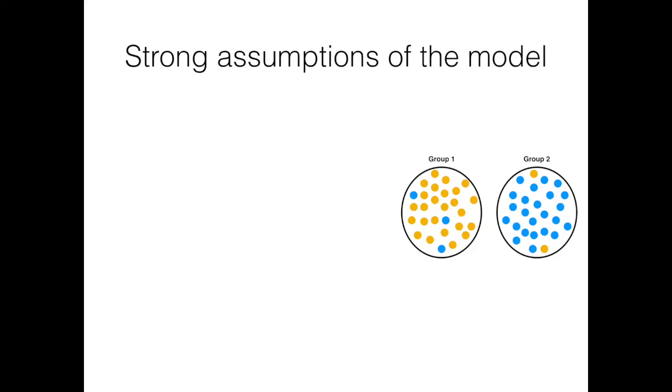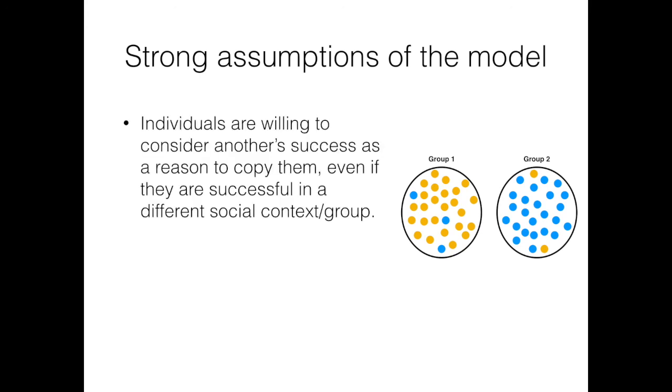So, if individuals sometimes observe others from other groups and are willing to switch to any more successful strategy, then the group beneficial norm can spread even with a small amount of outgroup observation. Now, the model makes a couple of strong assumptions.